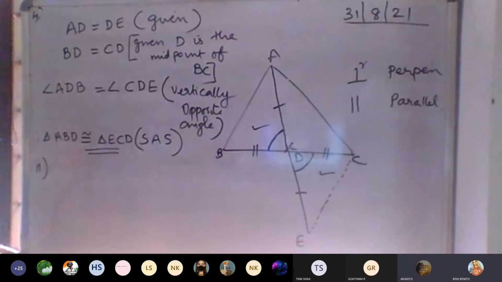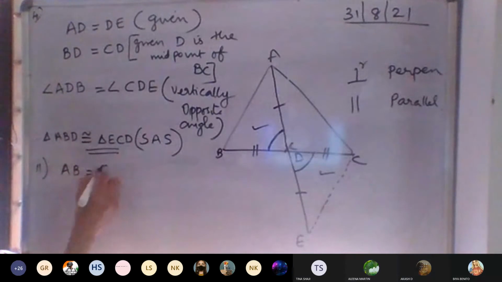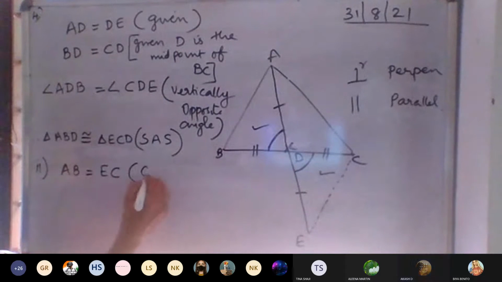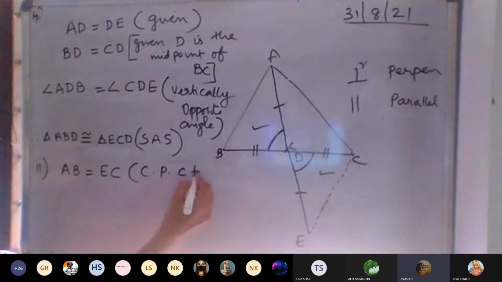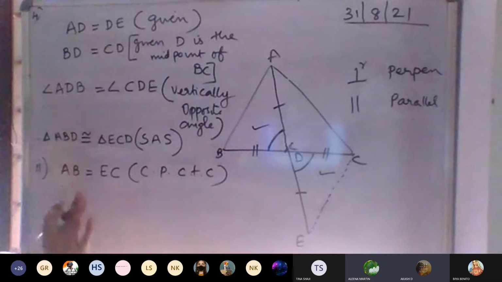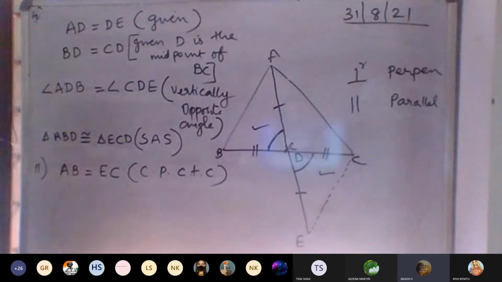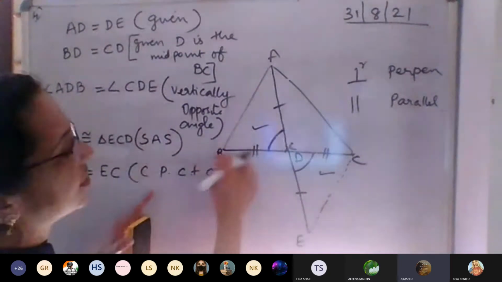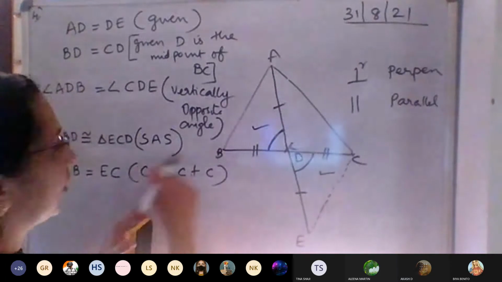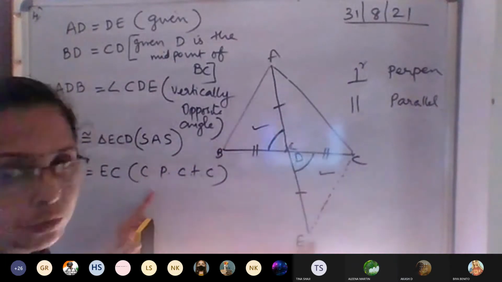AB is equal to EC. If triangle ABD is congruent to triangle CDE, we can say AB is equal to EC.